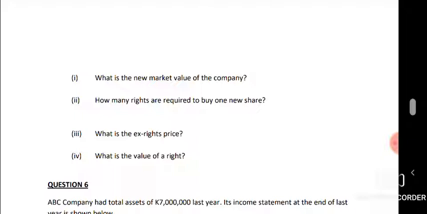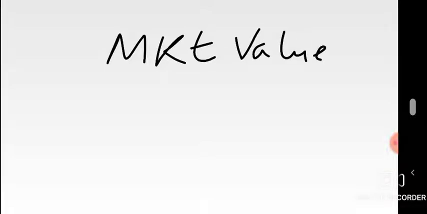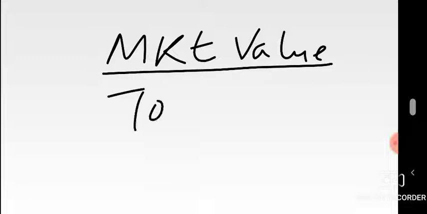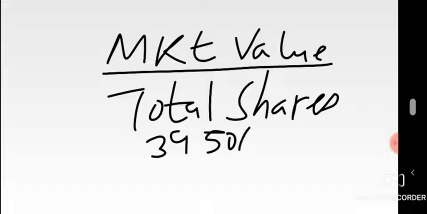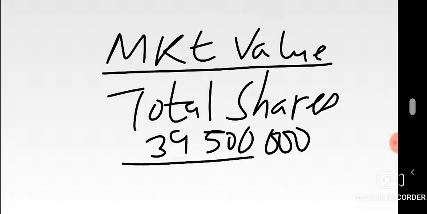We'll start with the ex-rights price part. So ex-rights, we said it's as good as the formula for new market price. Remember, these words are used interchangeably. The market value of this company over total shares. Market value, we just got it, 39,500,000. Total shares, what do we mean by total shares?